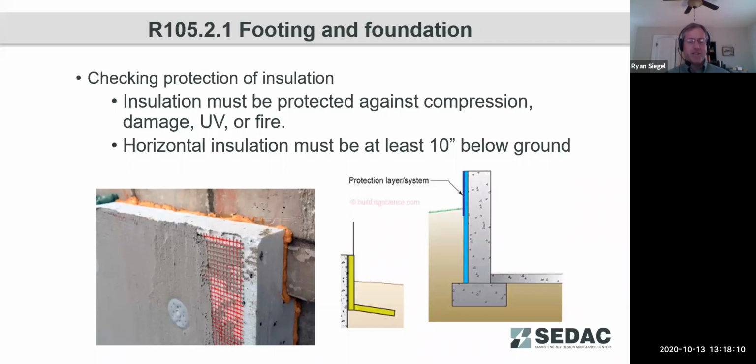So protecting that insulation is critical from our long-term performance perspective. Something else the code calls for is making sure that we're protecting it from insects and other animals. So we want to make sure that if we use an insulation that insects may wish to consume, that we've provided protection for that.